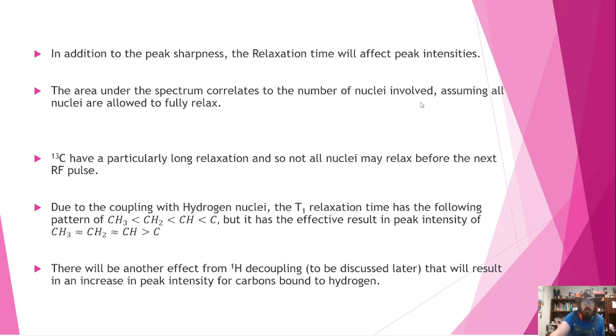But if a hydrogen isn't allowed to relax all the way, you're not going to get a tall enough peak. Where this is going to matter mostly is carbon-13, as we'll see later.